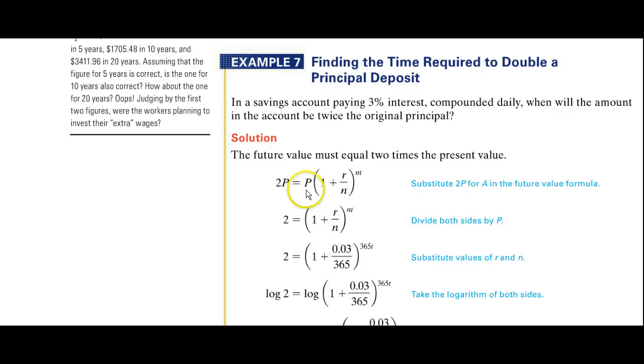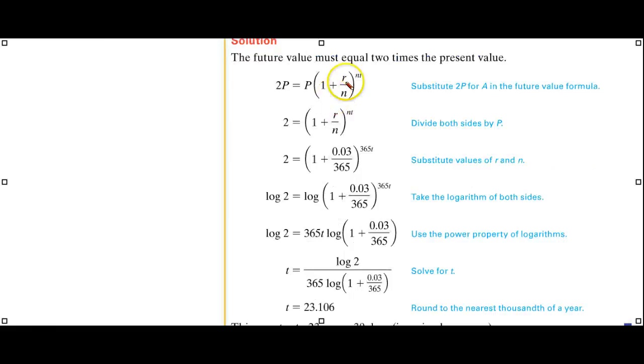Here's our original principal. And if we're going to double that, that is future amount, it's going to be 2P. So our first step in solving this, we're going to divide. So we've gotten rid of the P's. Just divide the P's out here. So we now have this.